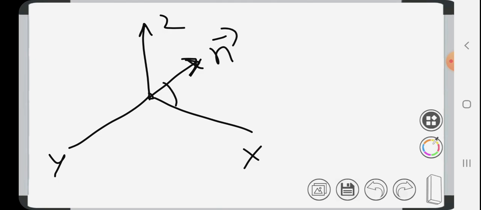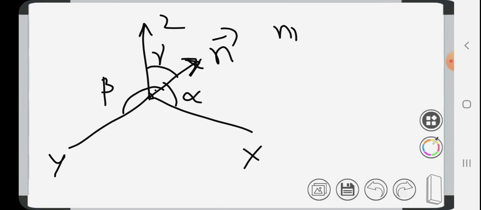Suppose it makes some angle alpha with x, gamma with z, and some beta with y.